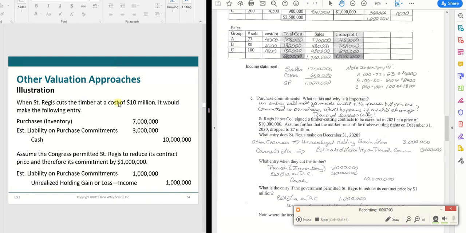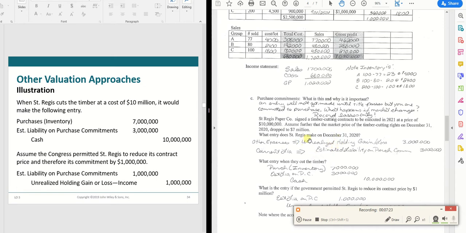Then, when they cut the timber and they pay $10 million, I debit my timber inventory for $7 million. I credit cash for $10 million, and then I get rid of my liability. This really honestly wouldn't matter if this happened within 1 year.